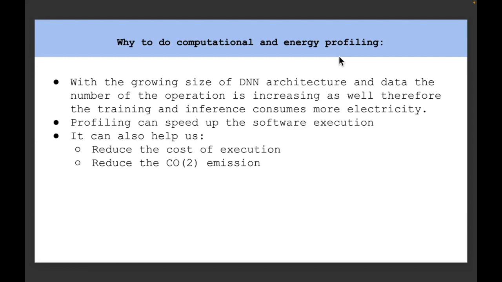Profiling is the way programmers inspect the most costly operations, to debug them, and also improve the software. So we use several profilers in order to inspect the Baler framework. It also helps to reduce the cost of the execution of software and to reduce the CO2 emission.